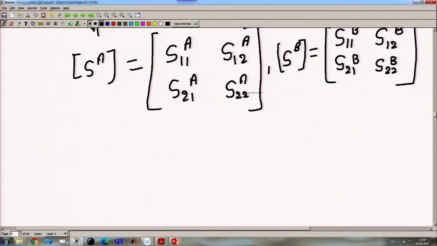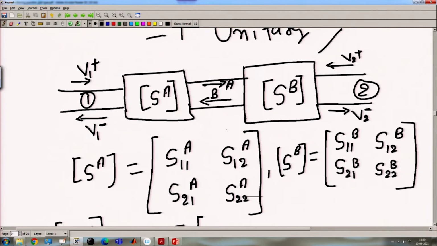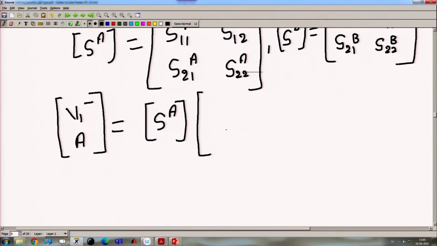So V1 minus and A equal this matrix SA into V1 plus, which is the first incoming, and B, which is the second incoming. Here SA is the 2 cross 2 matrix.